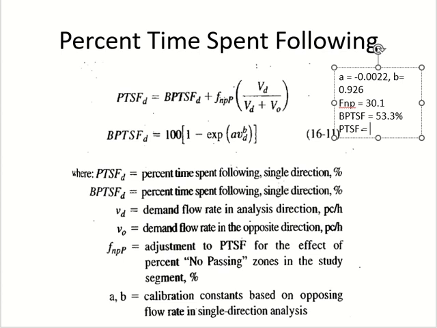Huh? 53.3 plus this 19. How come? BPTSF is 53.3, right? Get the percentage. Yeah, it's 53.3 as it is. It's in percent. Even FNP is 30.1. Same. We don't convert anything to decimals.